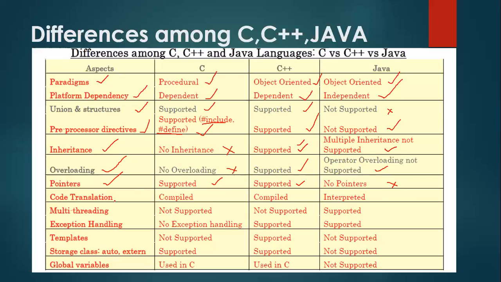And the next one is code translation. That means how our program will be converted into machine level program. The C program will be compiled, the C++ program will be compiled, but the Java program will be interpreted.